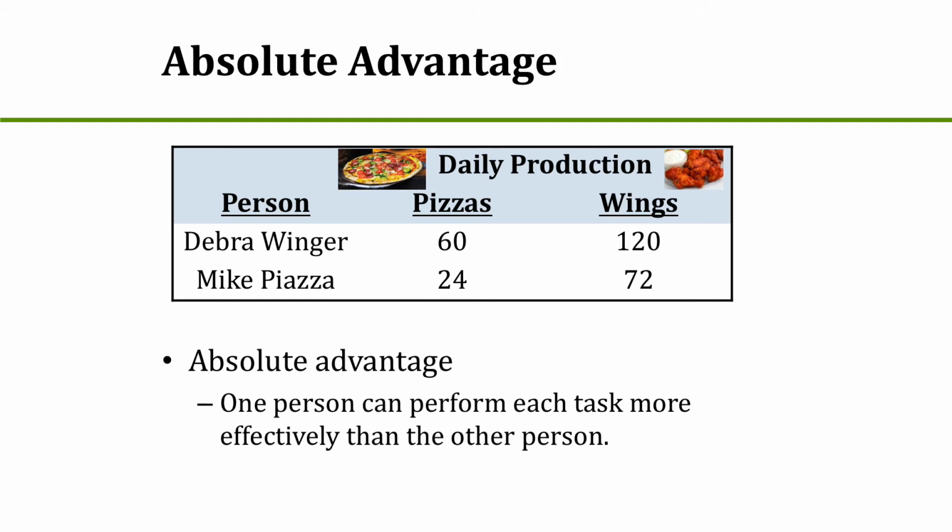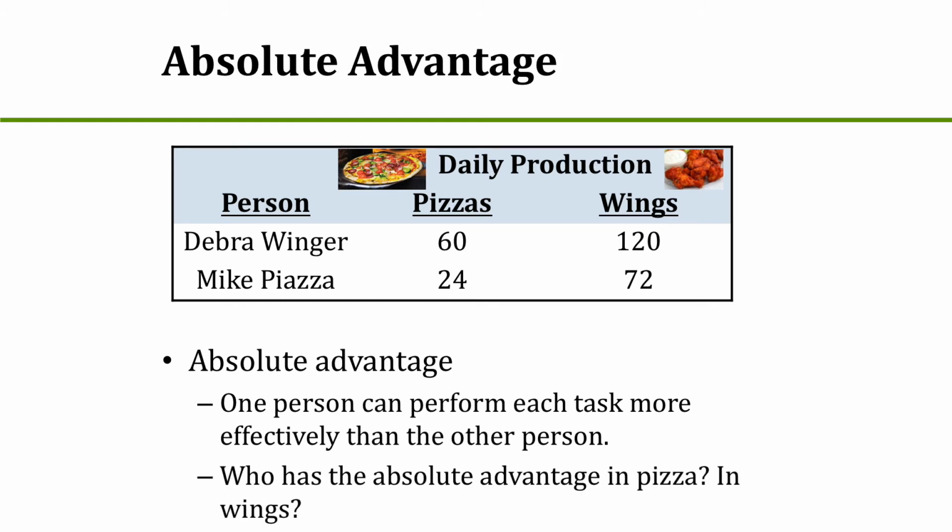In absolute advantage, we are only comparing the numbers, but in comparative advantage, we have to use something else. And using that something else will ensure that only one person has a comparative advantage in pizza, and the other person will have the comparative advantage in the production of wings, for example.